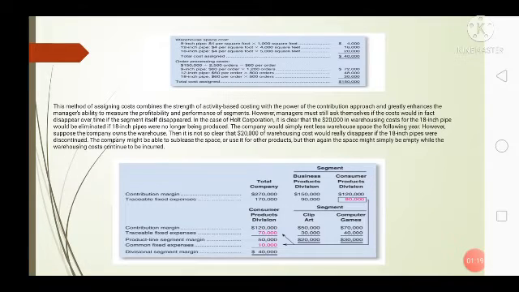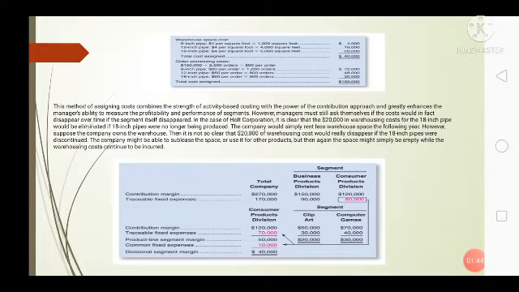This method of assigning cost combines the strength of activity based costing with the power of the contribution approach, and greatly enhances the manager's ability to measure the profitability and performance of segments. However, managers must ask themselves if the cost would in fact disappear over time if the segment itself disappeared.